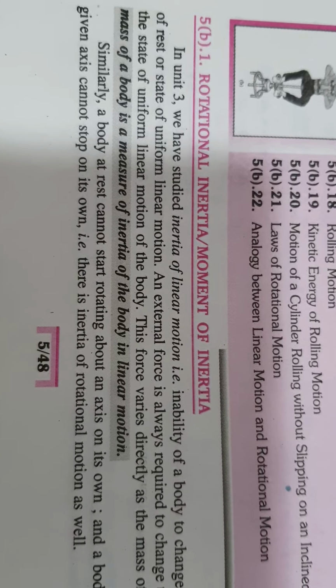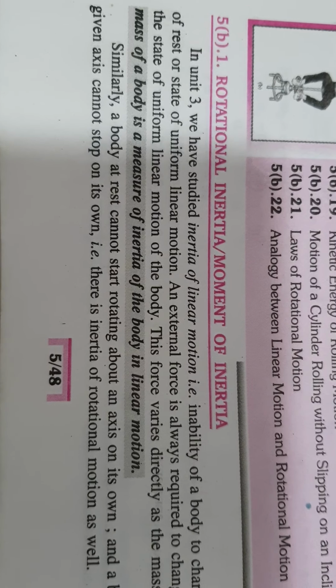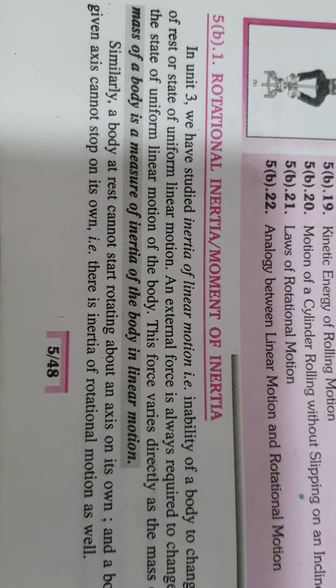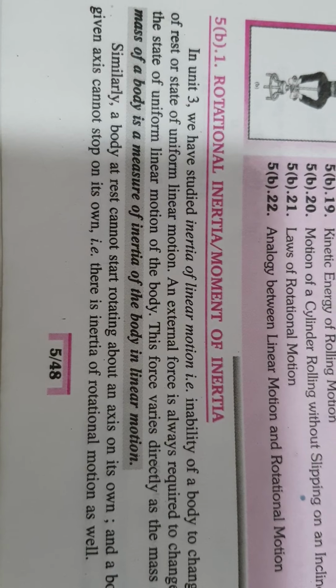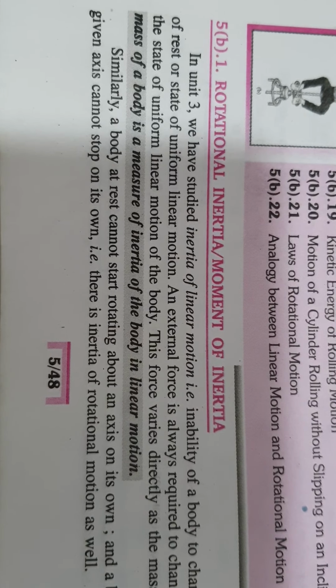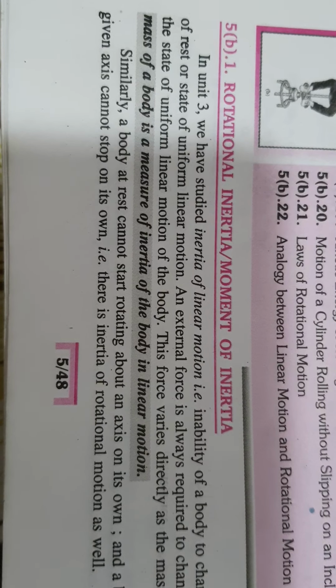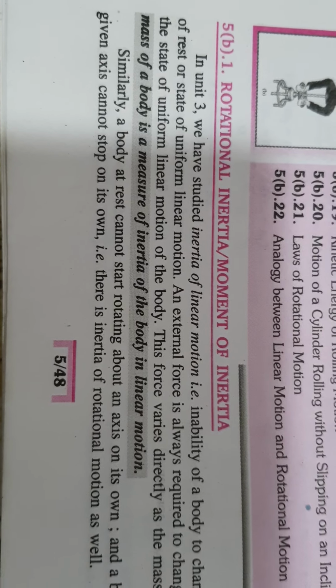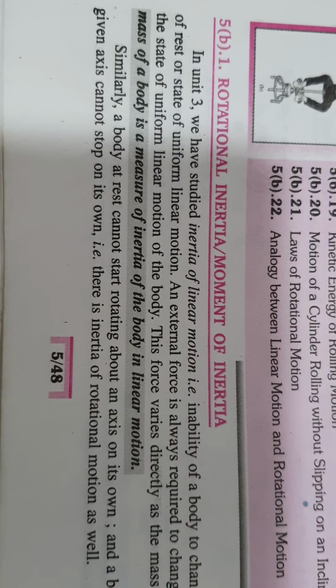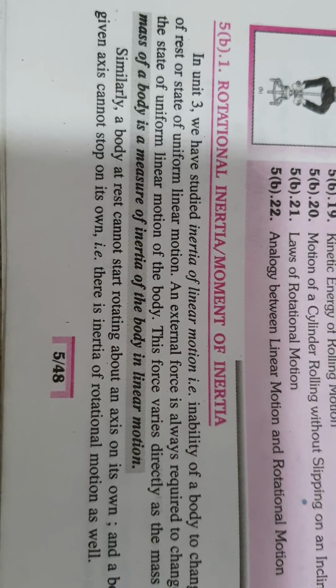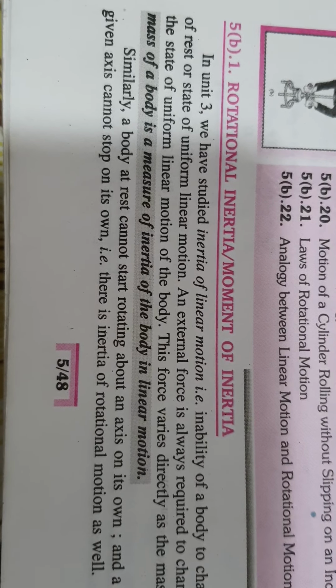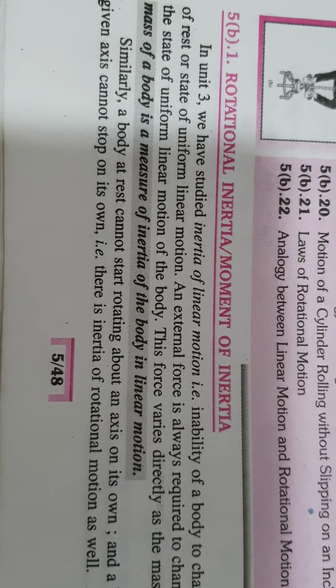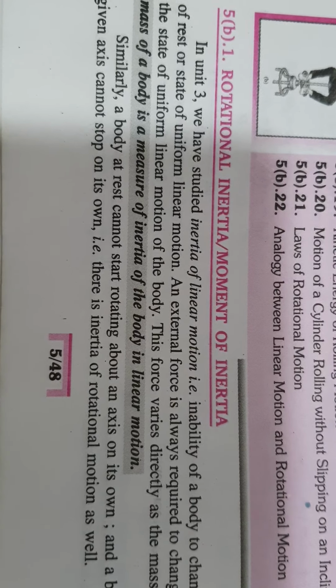That is the inertia, and this inertia is named as moment of inertia or rotational inertia. So, what is the role played by mass in translatory motion or linear motion? The same role is played by moment of inertia in rotational motion.